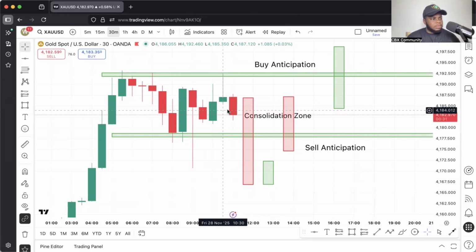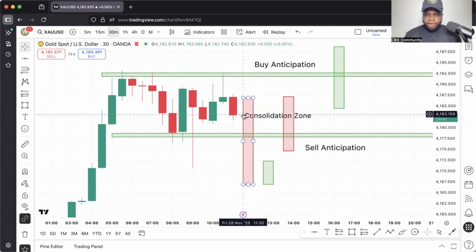So the candle is about to close. Let's see how the candle will close. So the candle just closed with a bearish candle.